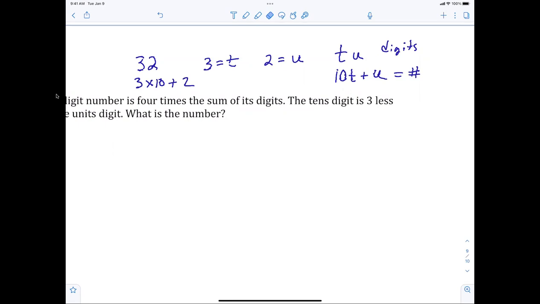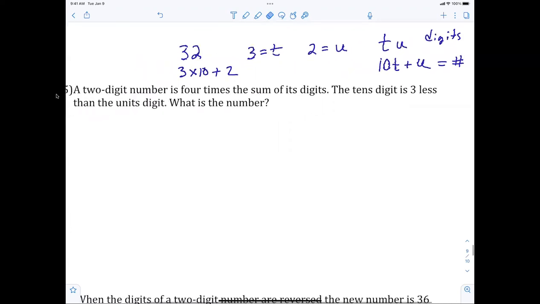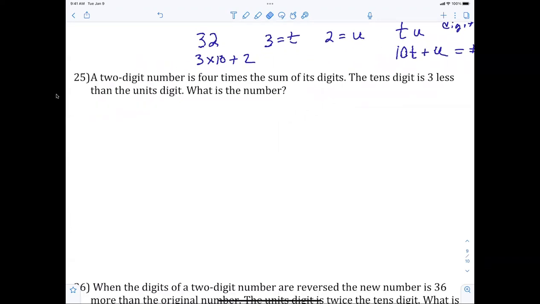All right, so now let's see what it says. A 2-digit number. How do I represent a 2-digit number? 10t plus u. So you're going to write down 10t plus u. What does is mean? Equals 4 times the sum of the digits.